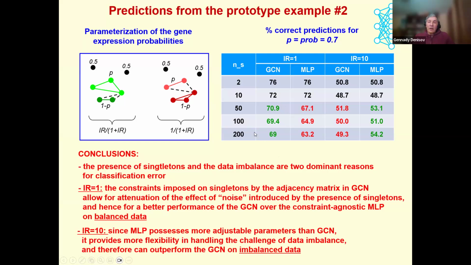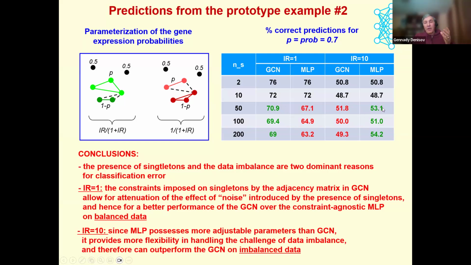Now let's look at the case of imbalance ratio more than 1. I took only 10, for example. Here we see the opposite picture. At high numbers of singletons, the MLP consistently outperforms the GCN. And I explain it in the following way.